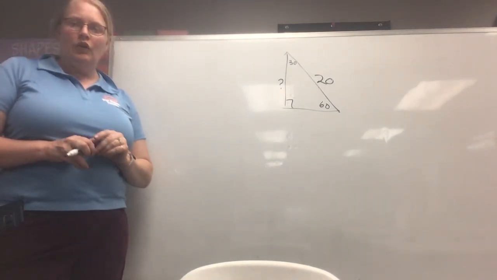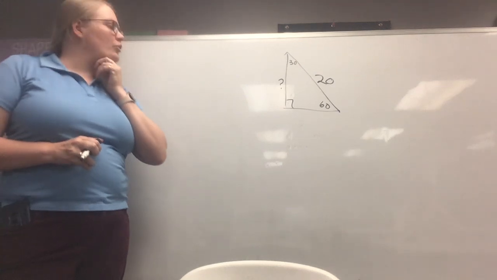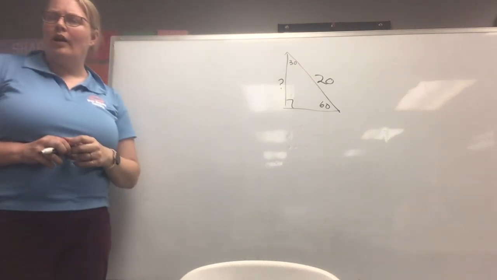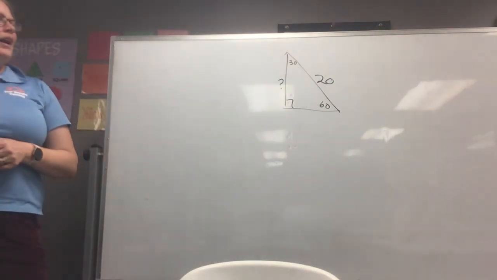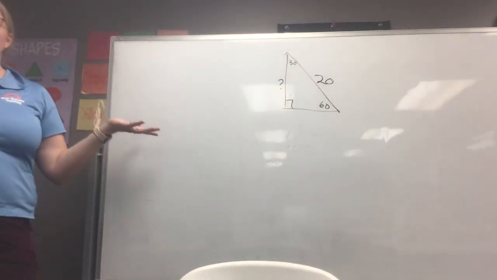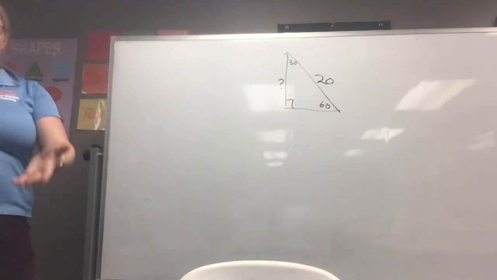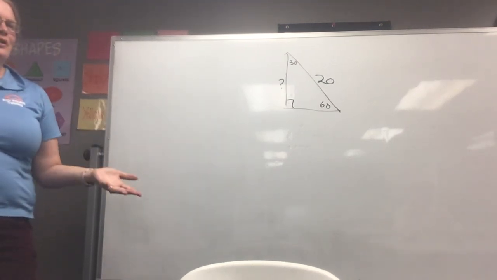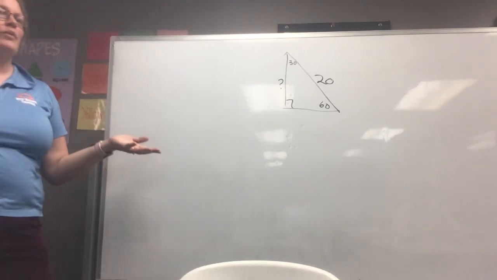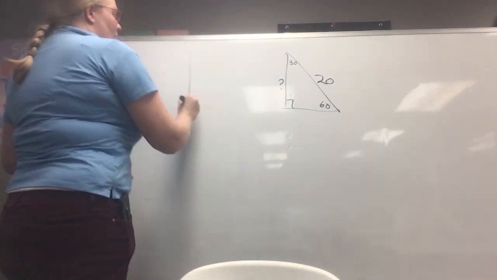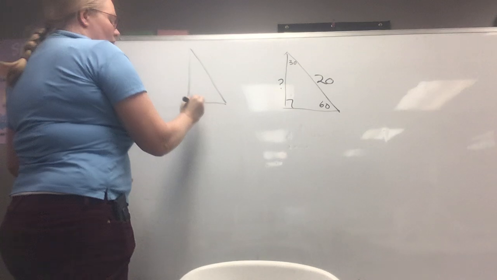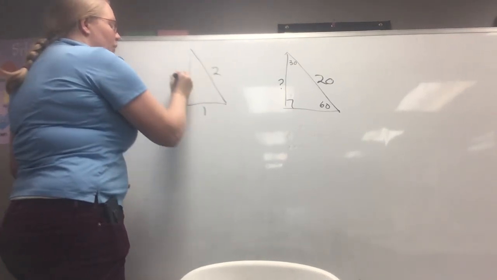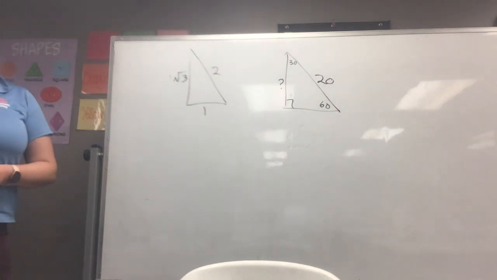If you don't remember the 30, 60, 90 triangle, on this one I would be using trig, sine, cosine, tangent, and then run the answers through the calculator to try and find a match. That's the backdoor method if you don't remember the special right triangles. But special right triangles are the ones that have the 1, 2, 1 square root of 3 relationship.